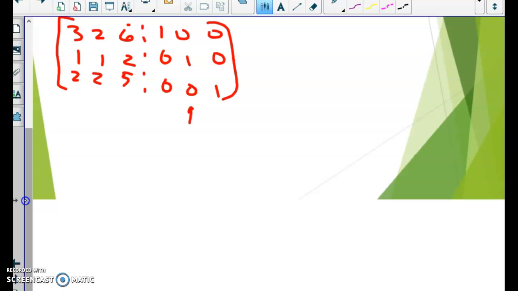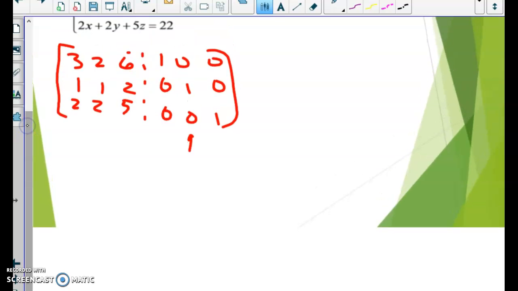So I'm going to take row 1 and I'm going to switch it with row 2. I just wanted the ones, because we want this position to be a 1, and I already have a 1 there, so I'm just going to switch them.